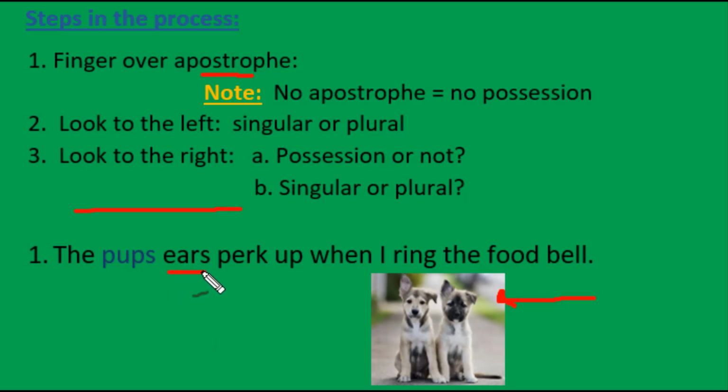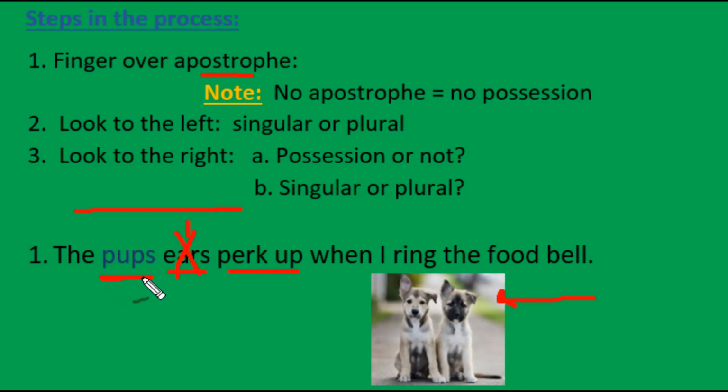Here is a word with an S, and here is a word with an S. So let's look. If we go out of order, the word to the right of ears is perk up. Do ears own perk up or possess perk up? No. So we don't need an apostrophe S on this word.